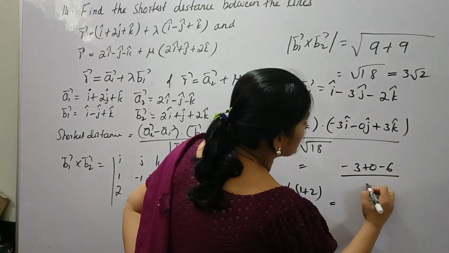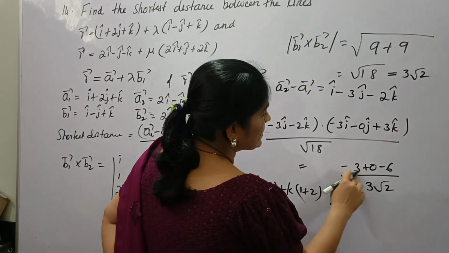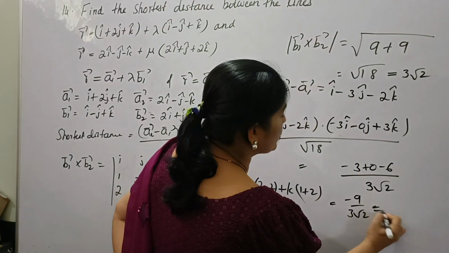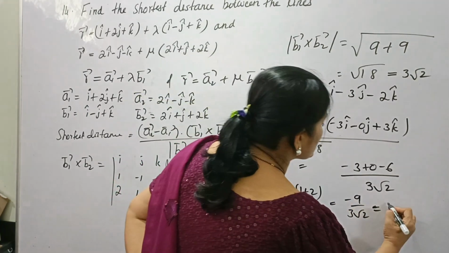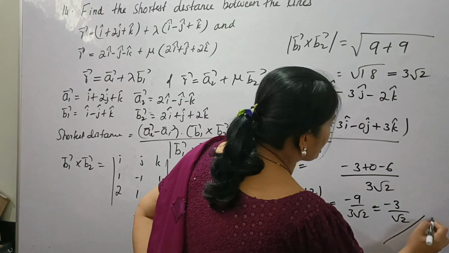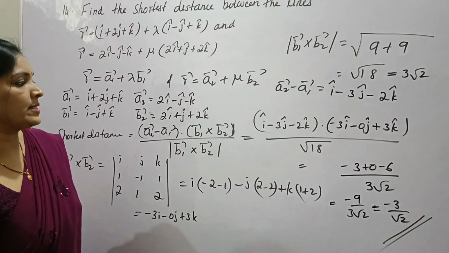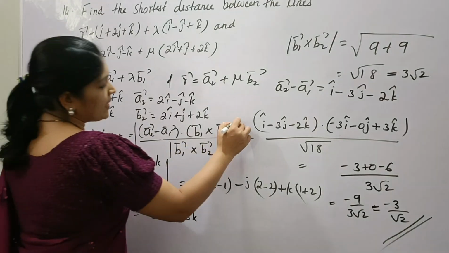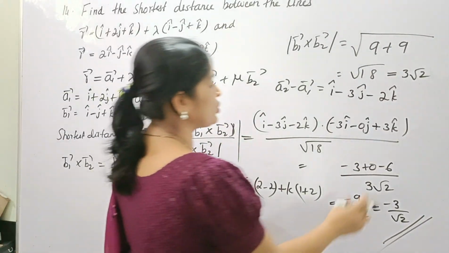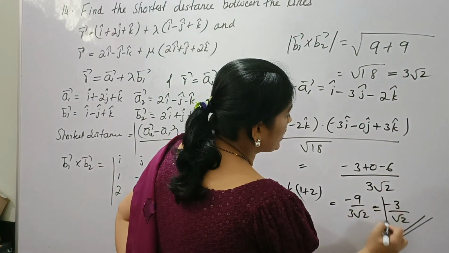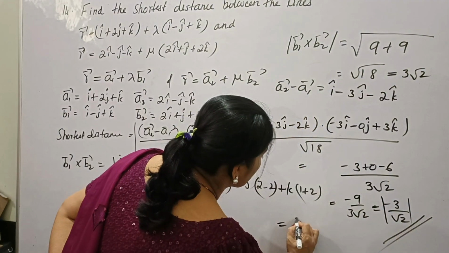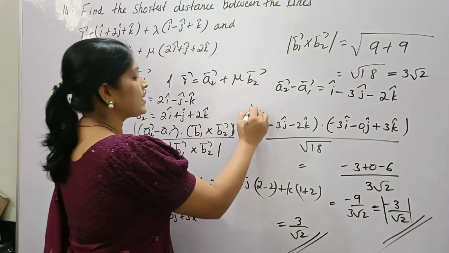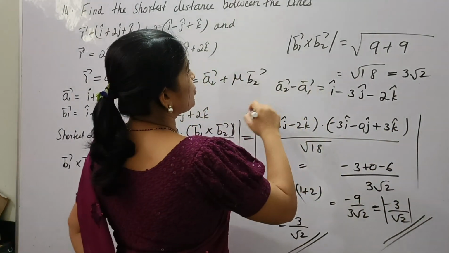Minus 3 minus 6 is minus 9, divided by 3 root 2, that is equal to, 3 cancelled, so minus 3 by root 2 is the shortest distance. Say its modulus, okay? Since it is distance, it is always positive. Therefore, it is modulus of minus 3 by root 2, that is 3 by root 2. 3 by root 2 is the distance between these two lines.